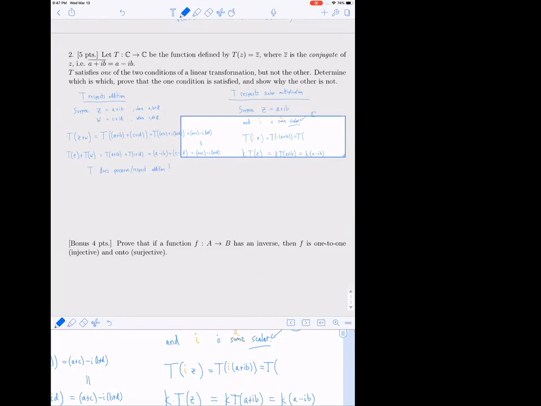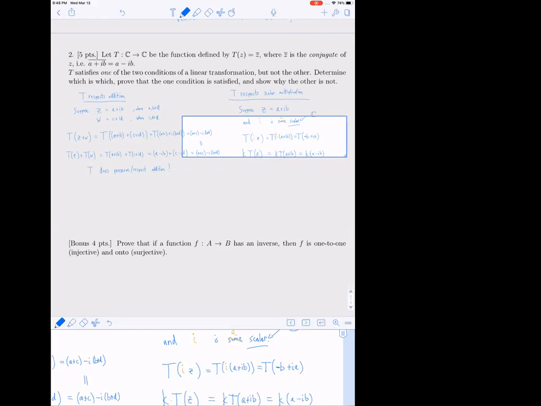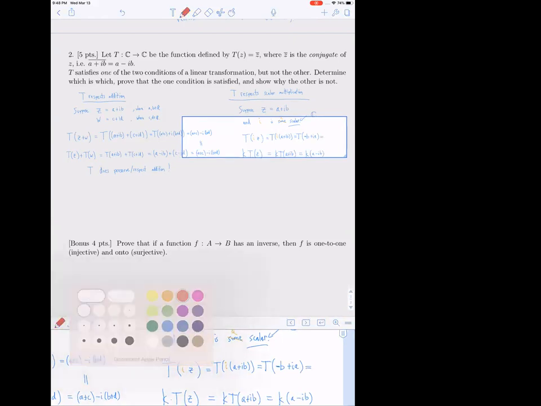Well, a times i is going to be an imaginary part, and i times ib, well, that's going to give us a real part. That's going to be minus b plus i times a. And now when we apply T, it flips the sign between the real and the imaginary parts, giving us minus b minus ia.